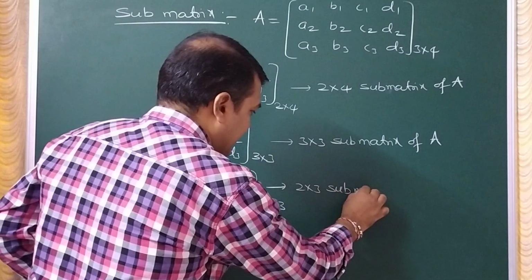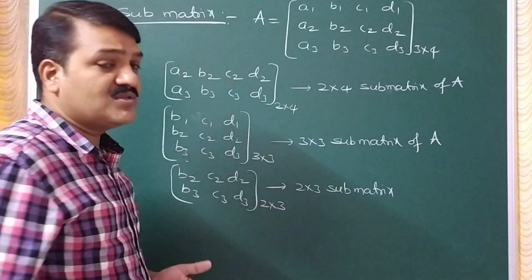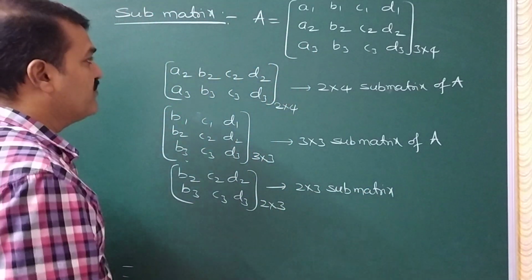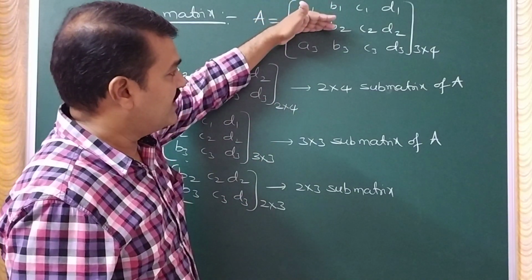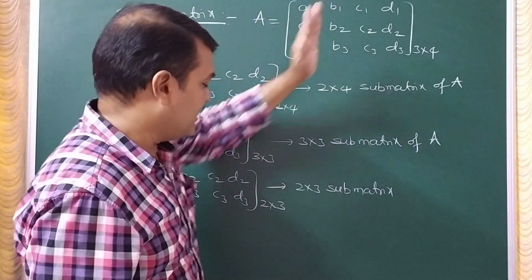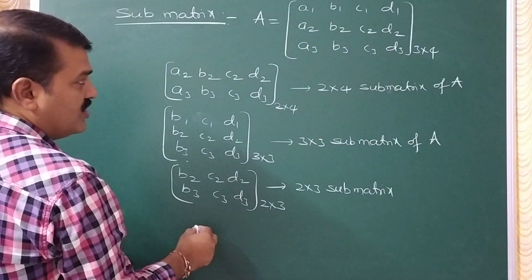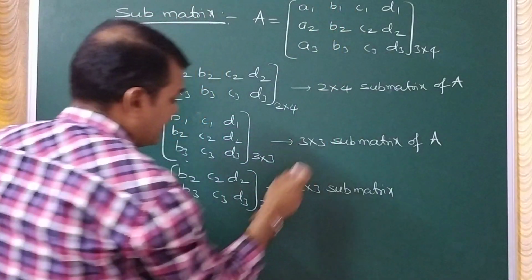Like that we can do any number of removals of columns or rows or both to get submatrices. For example, if I remove the first row, second row, first column, second column, what is left?